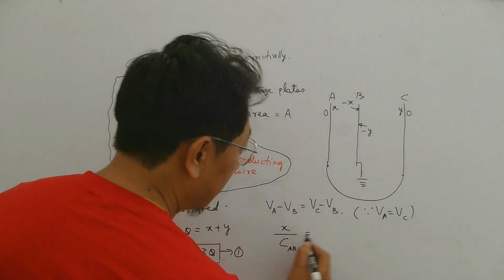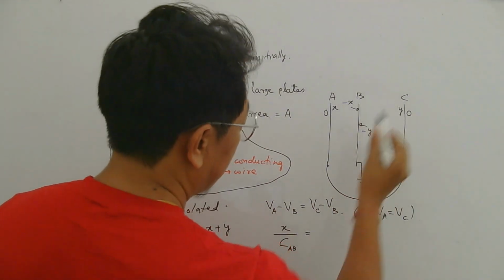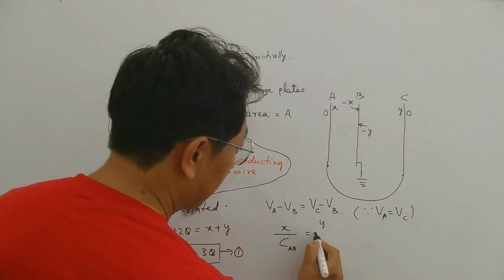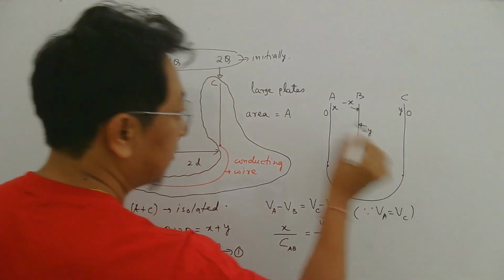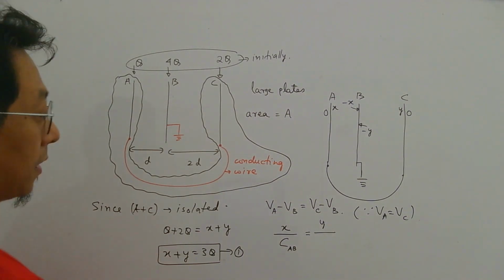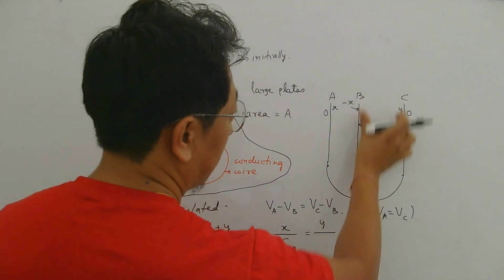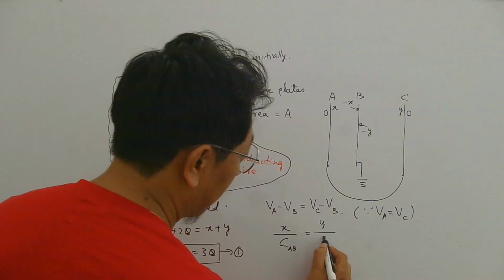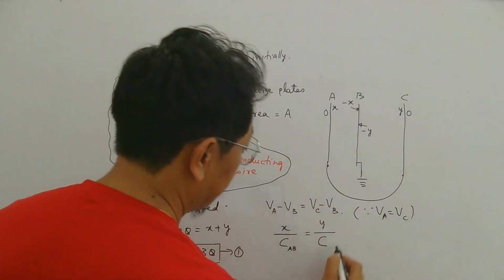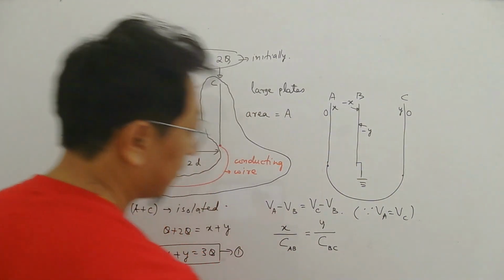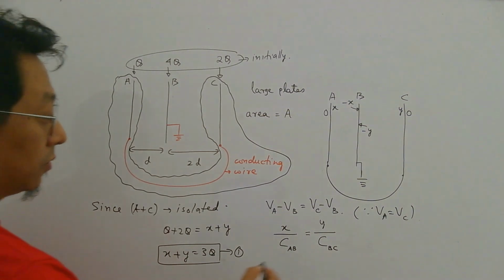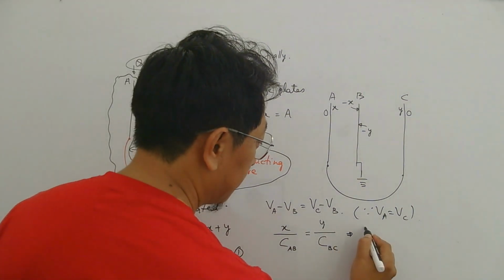Similarly, what will be the potential difference between B and C? It will be Y divided by the capacitance of this system, which is BC, where Y is the charge on the positive surface of this pair of plates. Now, what is capacitance?